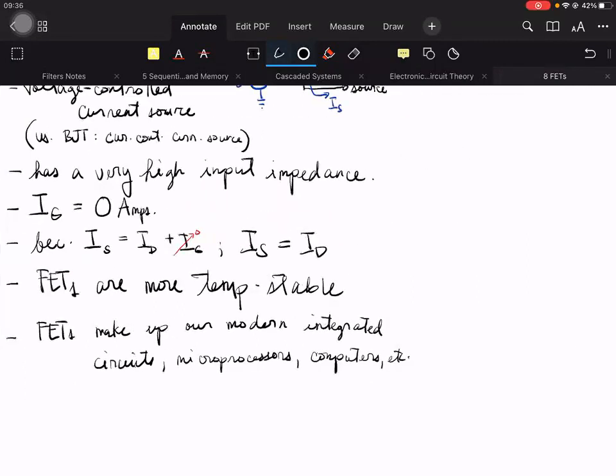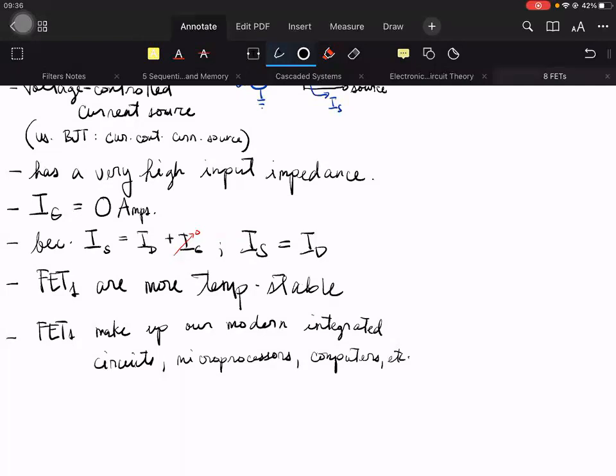So, FET ay ang basic building block of our integrated circuits and microprocessors and computers, and all our modern devices. They are made of FETs. Actually, a specific kind of FET na, but we'll get on with that later.